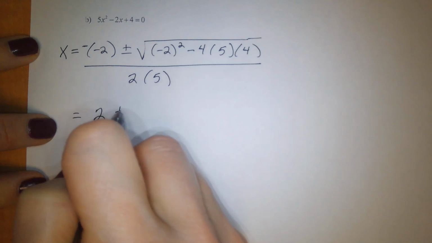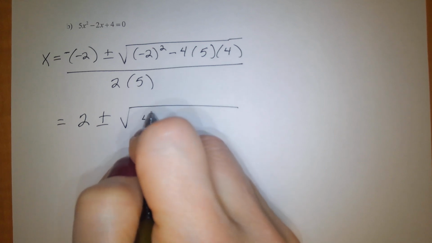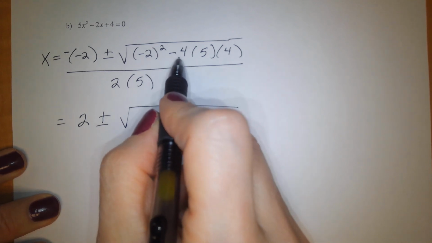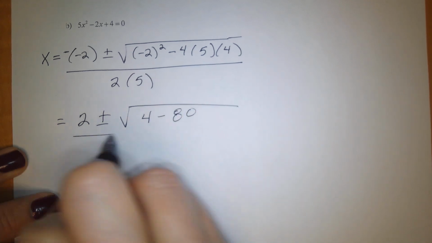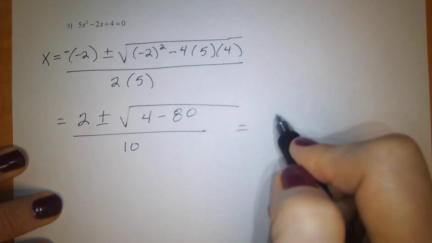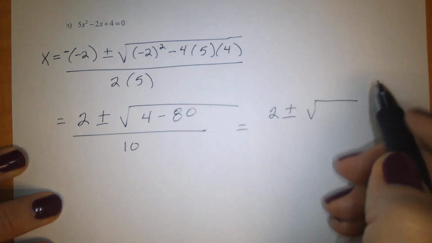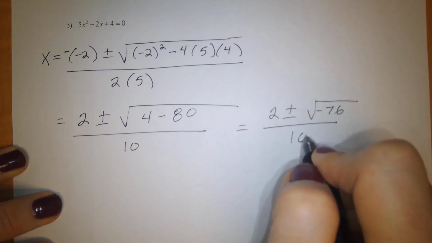Simplifying, we have 2 plus or minus the square root of 4 minus 20 times 4, which is 80, over 10. So 2 plus or minus the square root of negative 76 over 10.